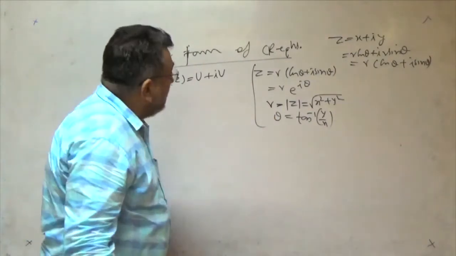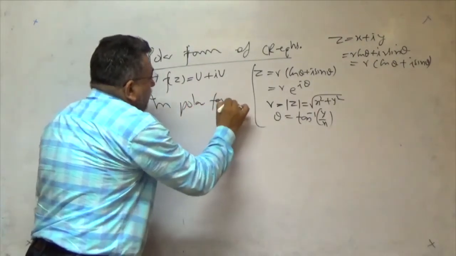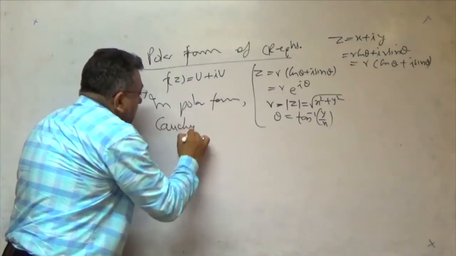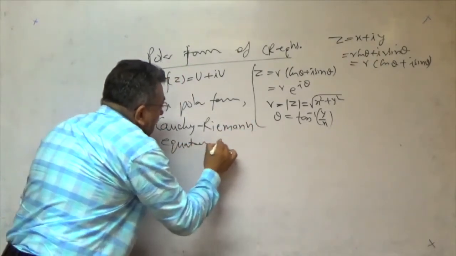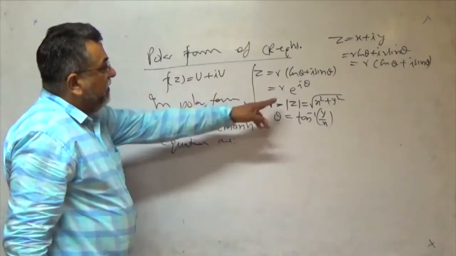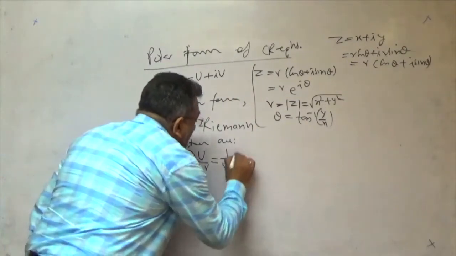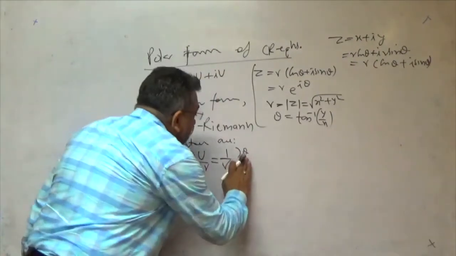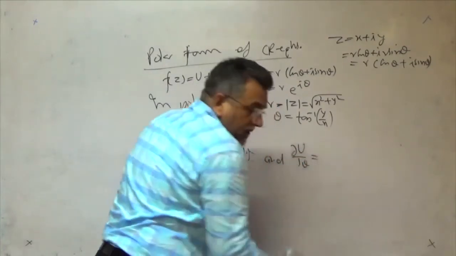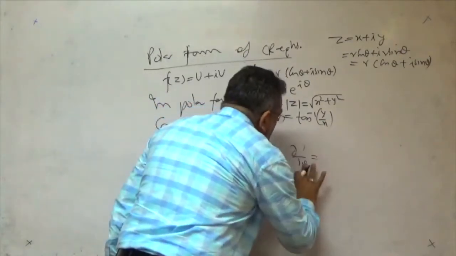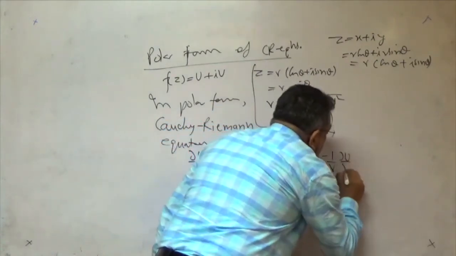You know that. Then what are the CR equations? So here in polar form, the Cauchy-Riemann equations are, if we take z equal to r e to power i theta, then del u by del r equal to 1 upon r del v by del theta, and del v by del r equal to minus 1 upon r del u by del theta.